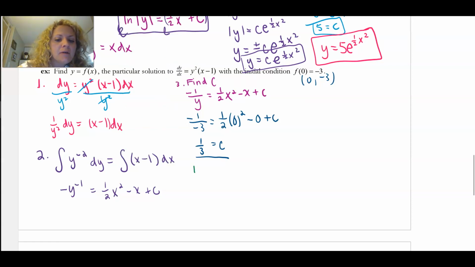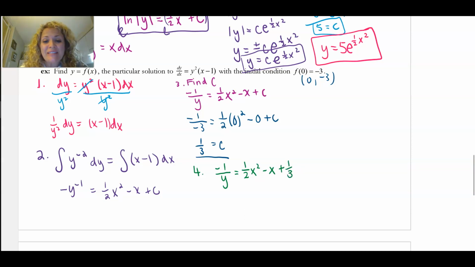Our equation again is -1 over y equals 1/2 x squared minus x. But now, instead of saying plus c, we're going to write plus 1/3, because this is the particular solution that meets the criteria of the initial condition.